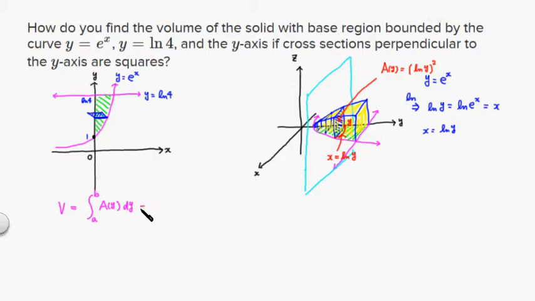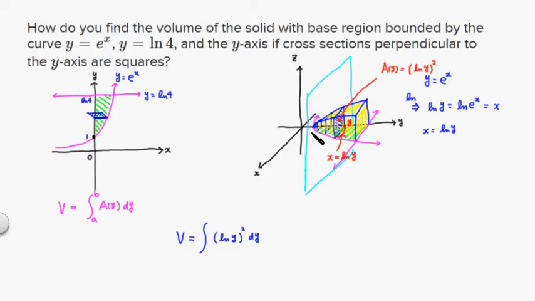Let's put the actual function in. So the volume that we are looking for, V, is going to be the integral of the area function, natural log of y squared, with respect to y. Then we have to find where these squares start and where they end. It looks like it's going to start from here, which is the y-intercept of this exponential function, which is 1.